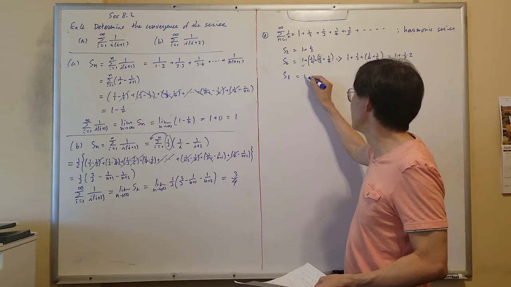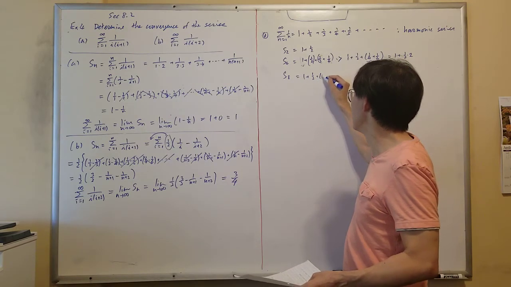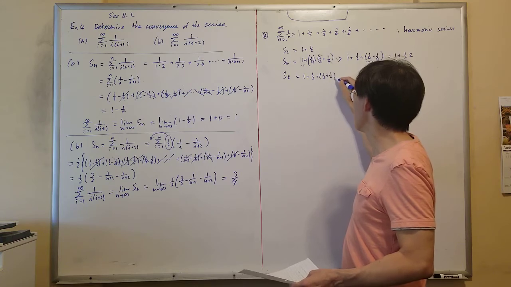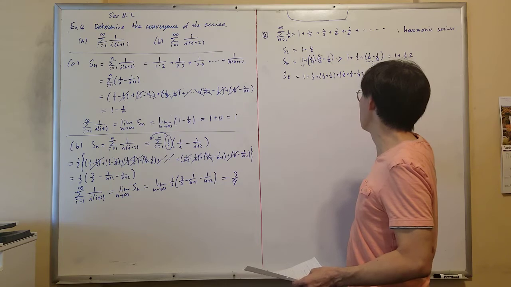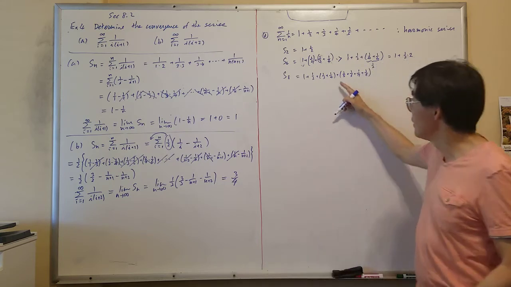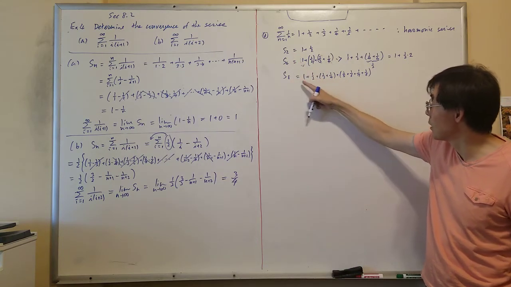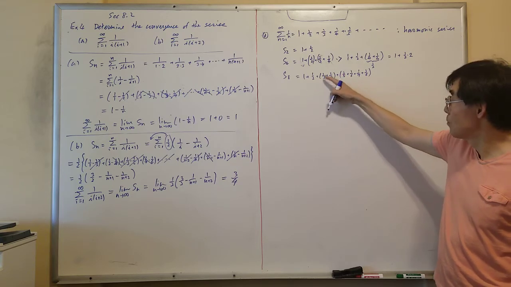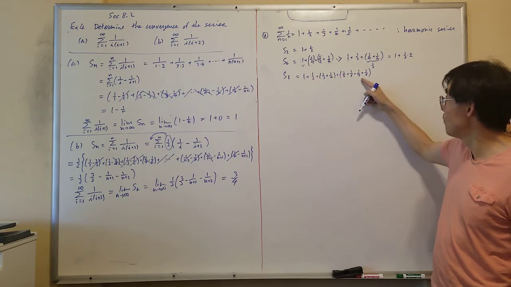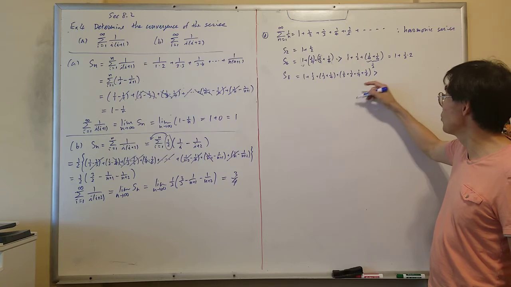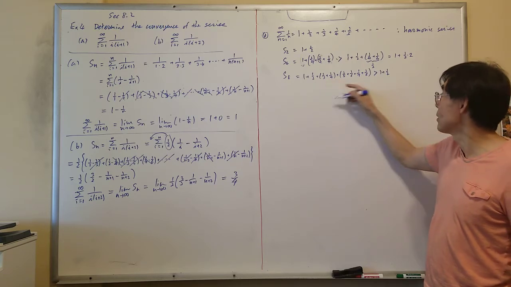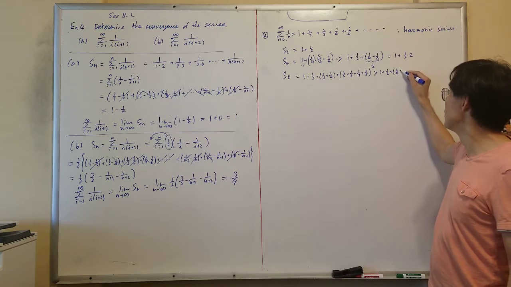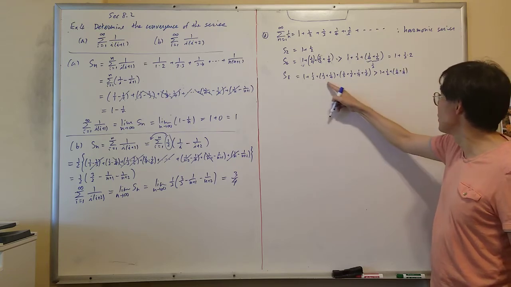S8. 1/4, 1/5, 6, 7, 8. This time, see, 2, 4, 6. I'm going to parenthesize 1, 2, and 4. This one will be greater than, look at this. I'll make it all the last terms. Obviously, this is greater than 1/4.